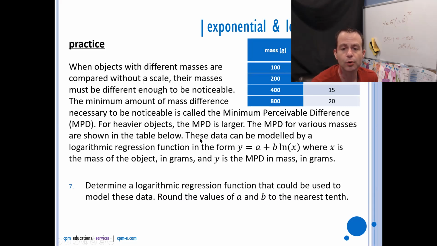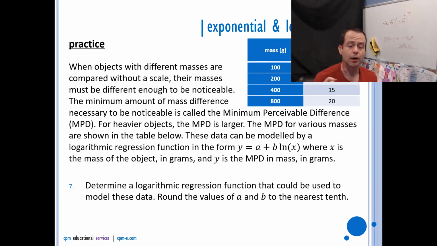There's a bunch of information in this question, but all you're really doing is determining a logarithmic equation. So this is another regression question. You're going to go menu, stats. If you're a Casio, you're going to go stat, edit. If you're a TI, type that into list 1, type the MPD into list 2, and do the regression.